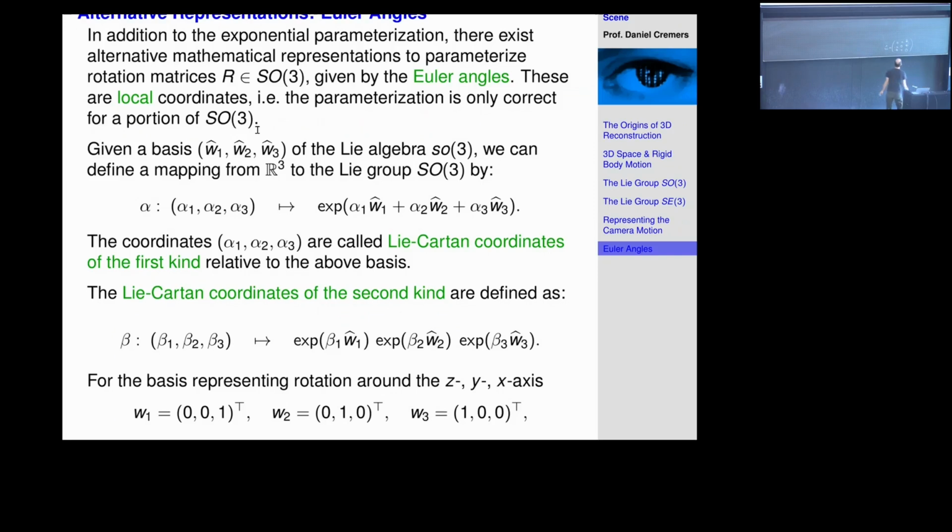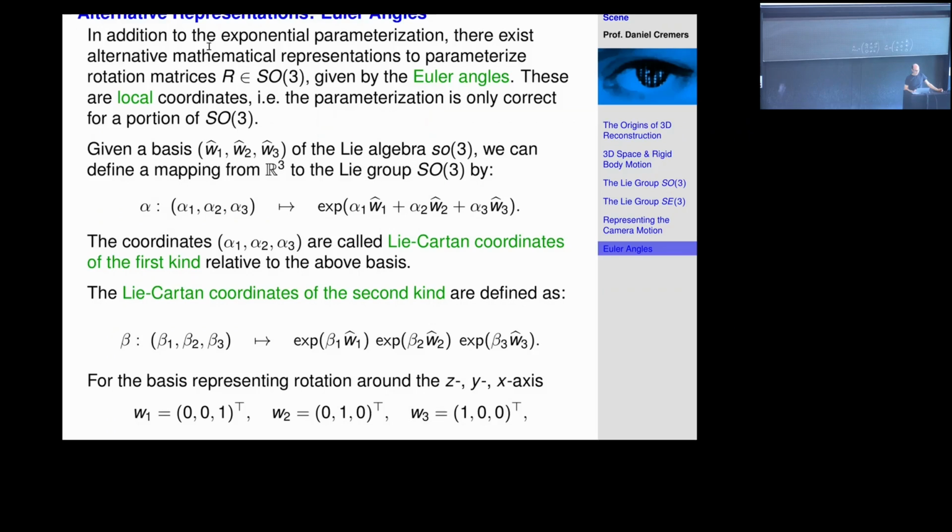W1 hat could be the one where you have a 1 here and then 0, 0, 0, 0, and then minus 1 here. That could be W1 hat, and W2 hat could have a 1 here, W3 hat could have a 1 there. So let's say that's our basis.